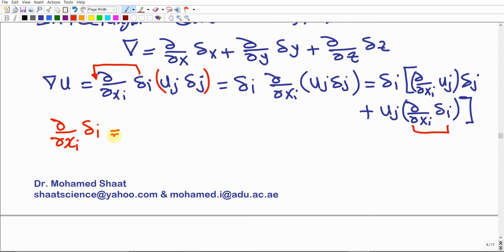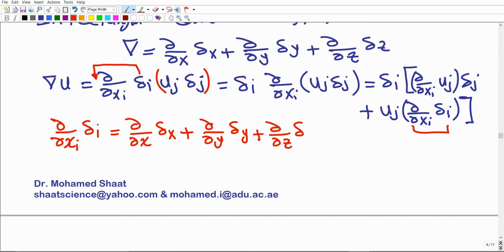It is going to be split into partial by partial x delta x plus partial by partial y delta y plus partial by partial z delta z.